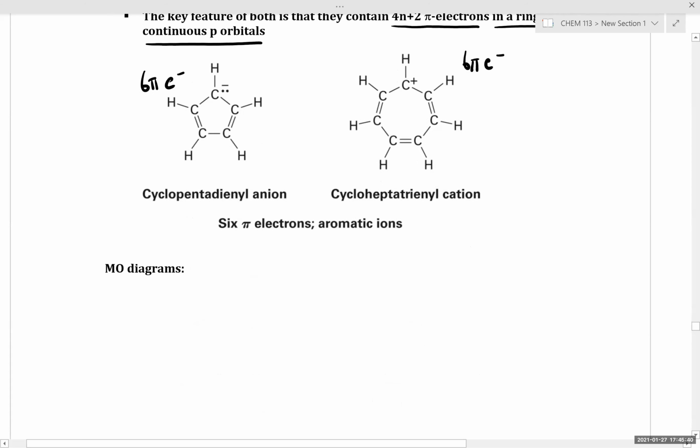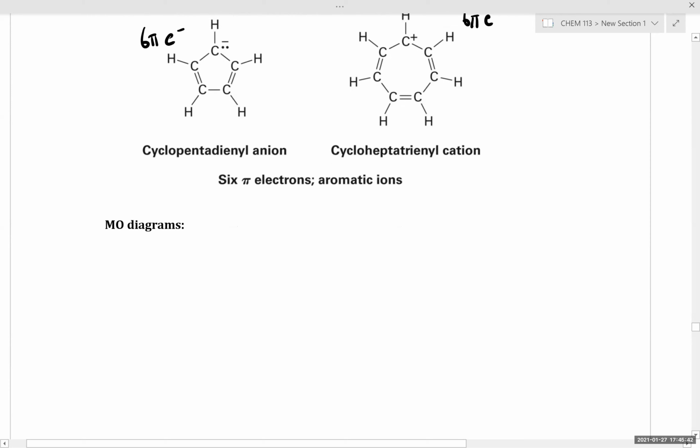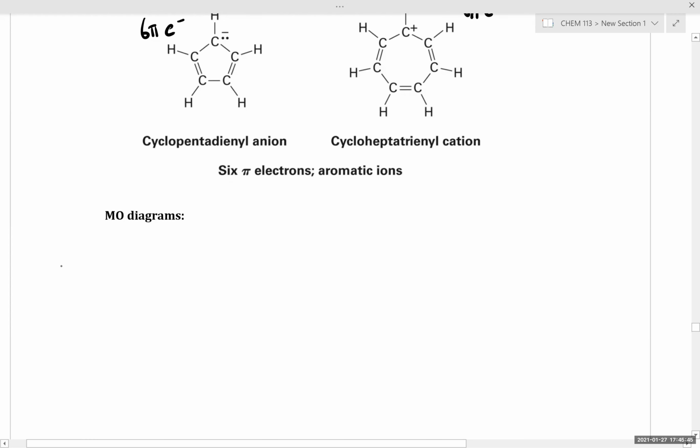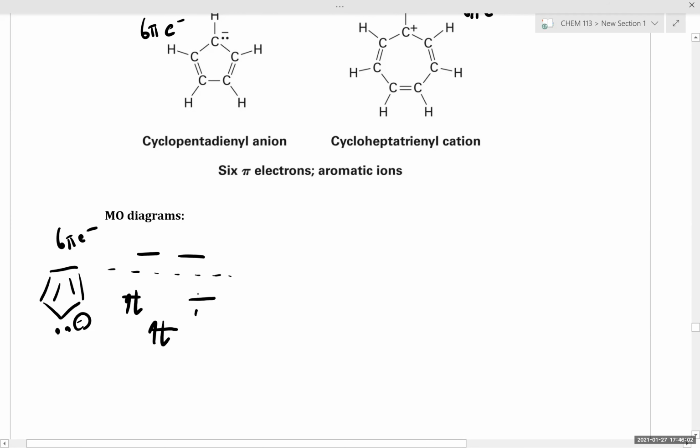Building on that idea, if we wanted to justify our answer and draw out an MO diagram for the cyclopentadienyl anion, this reminds me a lot of furan. If we draw out our MO diagram, it will look almost identical to that of furan. We have 6 pi electrons, 1, 2, 3, 4, 5, 6. So we've maximized our bonding interactions while minimizing our anti-bonding interactions.